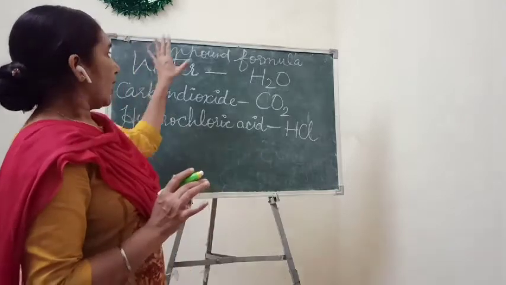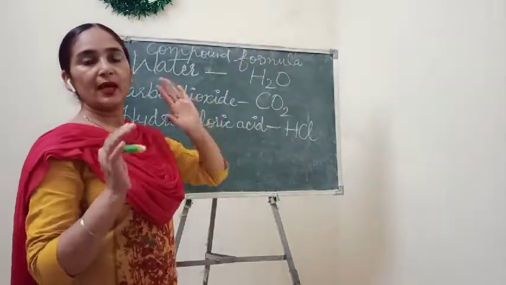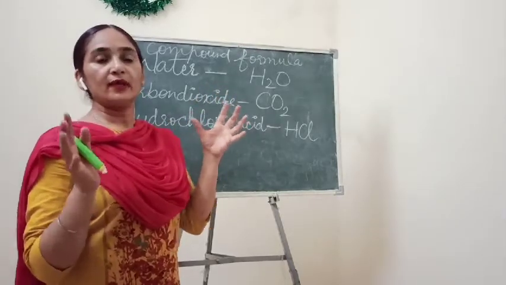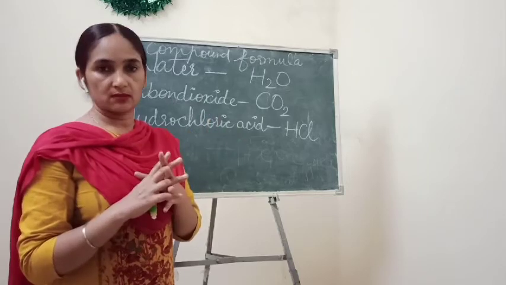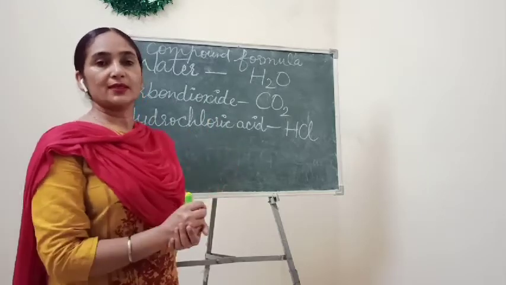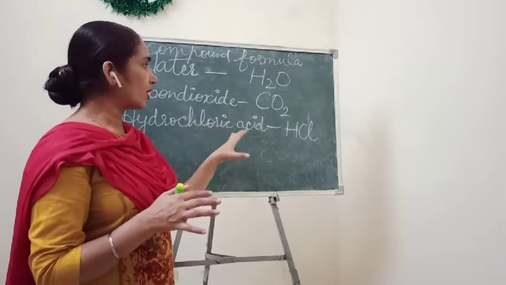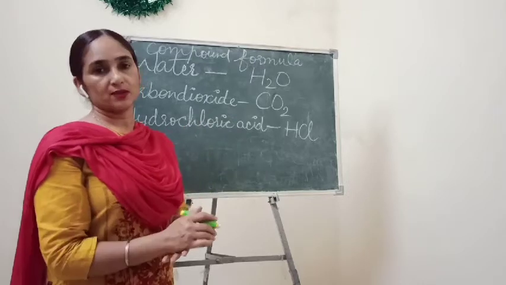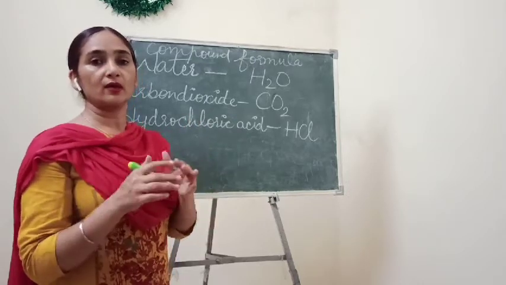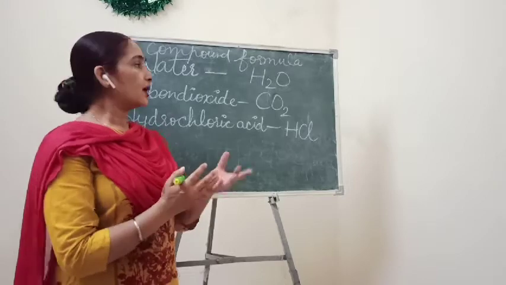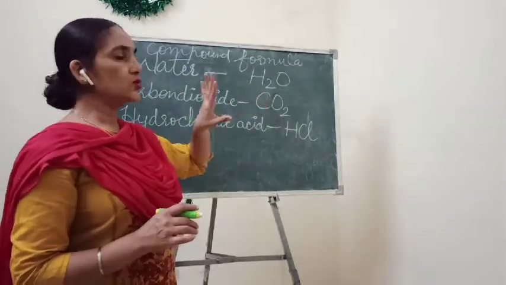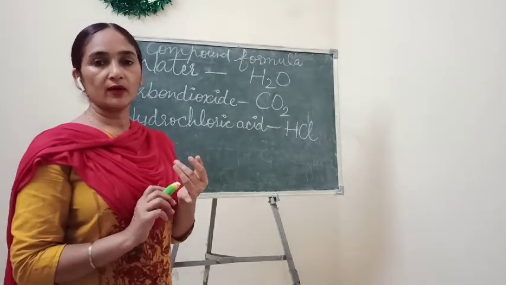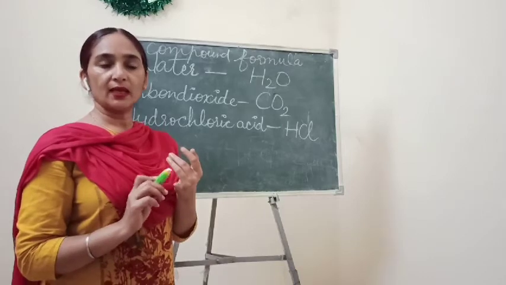So children, formulas are formed with the help of different kinds of elements. Previously we studied about the elements. Today we will learn how we can write or create a formula. But for writing a formula, you should first know the valency of any element.